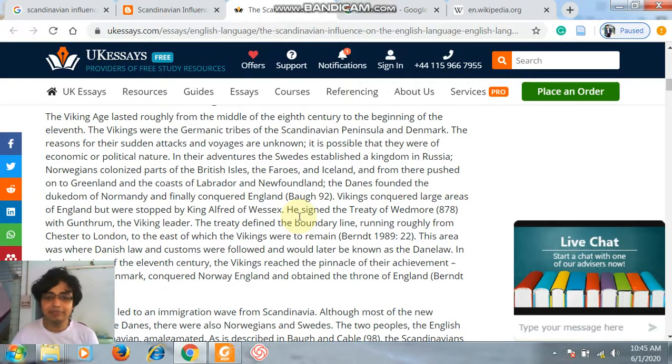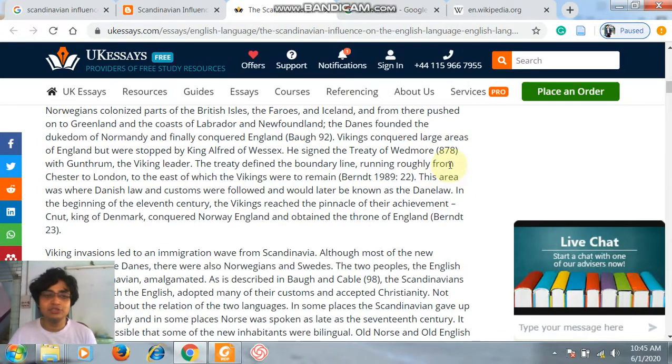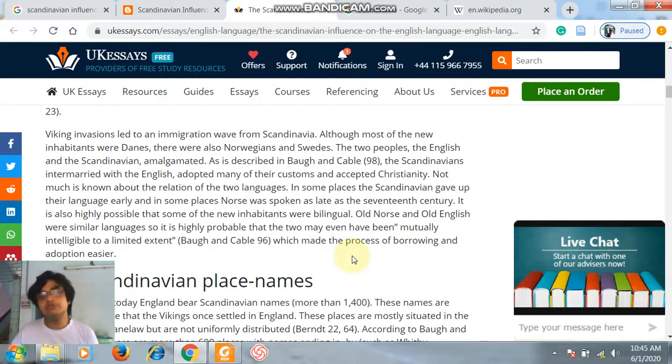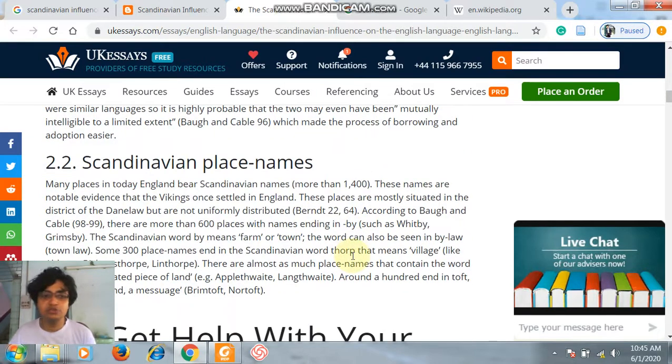He signed with them the Treaty of Wedmore in 878 AD with Guthrum, the Viking leader, and later they settled in a certain part of England. This particular part where the Danish law prevailed is known as Danelaw. And from around the 8th century, the Scandinavian influence on the English language began.